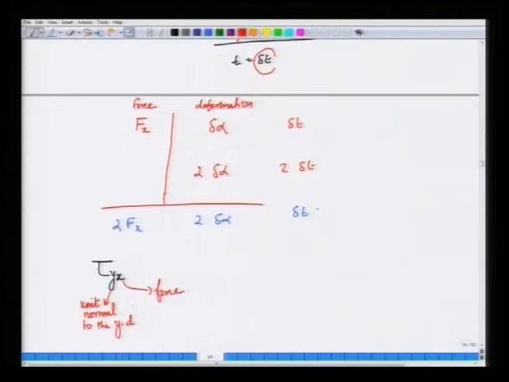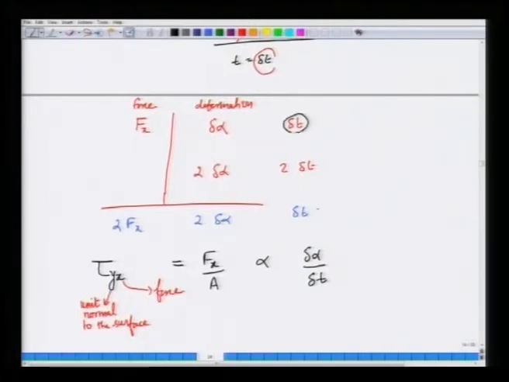So, tau y x is the stress that you are exerting on the top plate. This is simply equal to F x divided by A. It cannot be proportional to delta alpha, but in fact it is proportional to the rate at which alpha changes with time, delta alpha by delta t. This is what the experimental results would suggest.